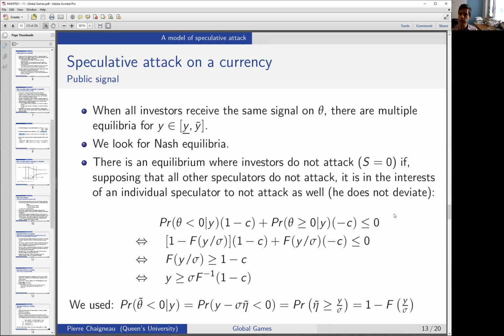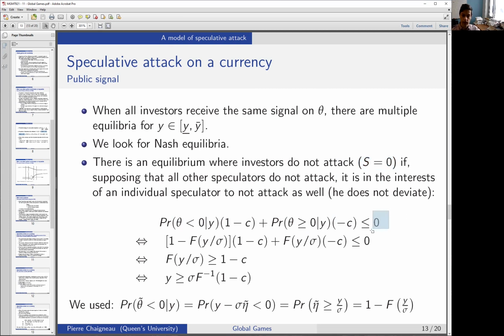How do we rule out deviations? Deviations will be suboptimal, meaning that we will indeed have a Nash equilibrium, if the payoff I get if I deviate and attack the currency is less than what I get if I follow my postulated strategy, meaning if I do not attack. And we assess that given the action of other players, so given that S is equal to 0.